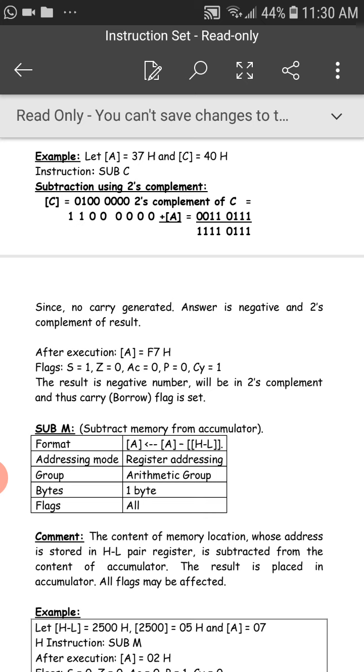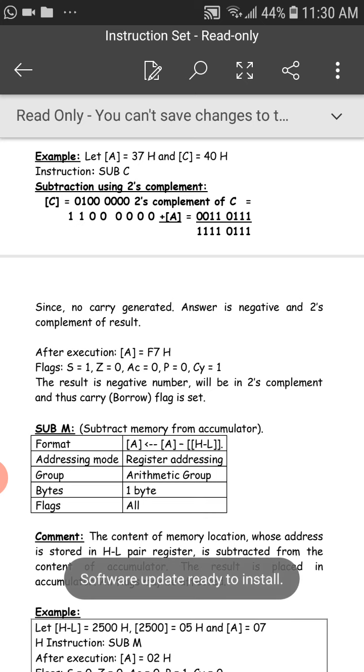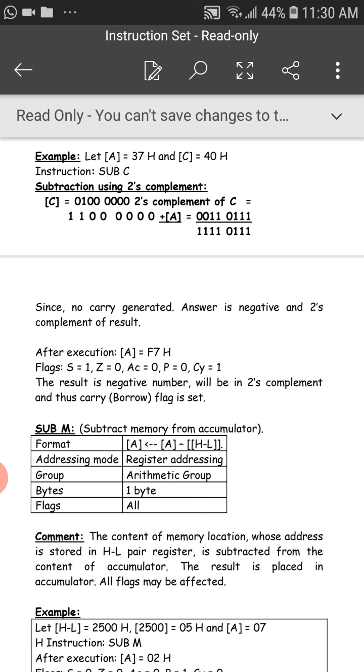So C contains 40H, in binary format 0 1 0 0 0 0 0 0, and the 2's complement of C is 1 1 0 0 0 0 0 0, plus A. So you have to take the 2's complement. How to take the 2's complement? You first take the 1's complement and add 1. So you will get the desired result.